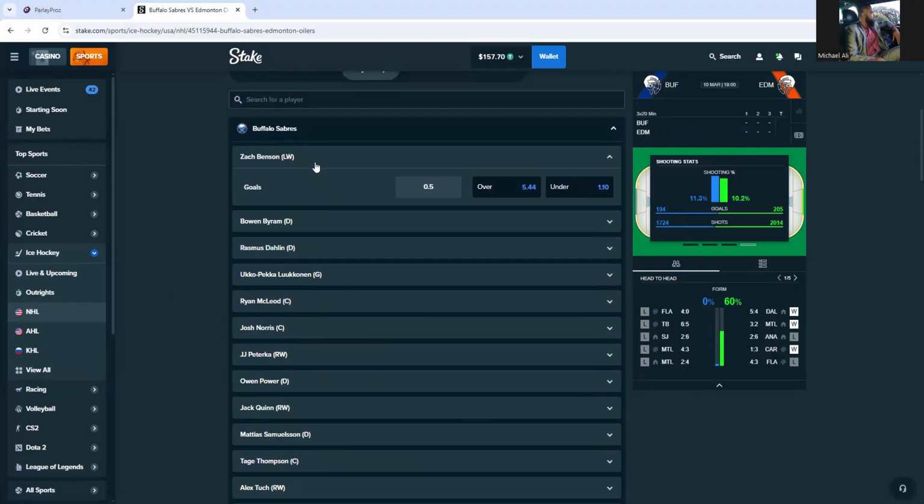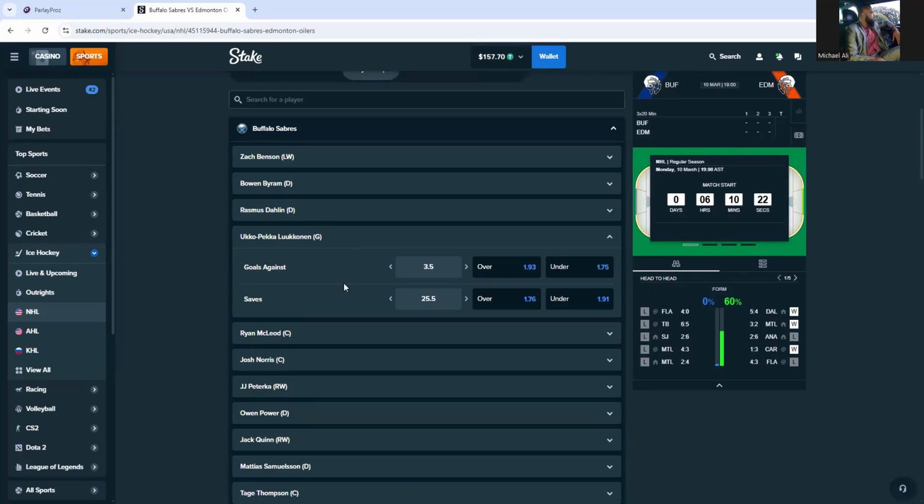And let me show you something here, guys. Check this with the goalie. Saves. You see the saves? This is incredible. If you pull up the goalie and you see what he did in the last 10 games, in the last 20 games, let me say he never crossed 29, you could push this to 30, 31, 32, 33, 34, and start at 17.